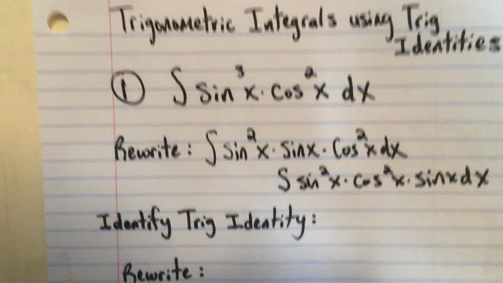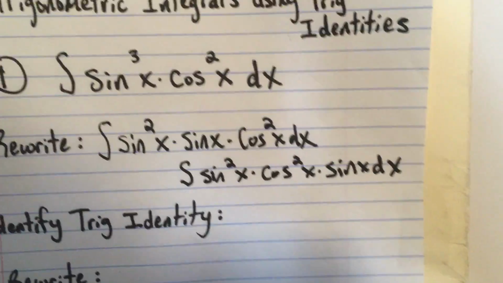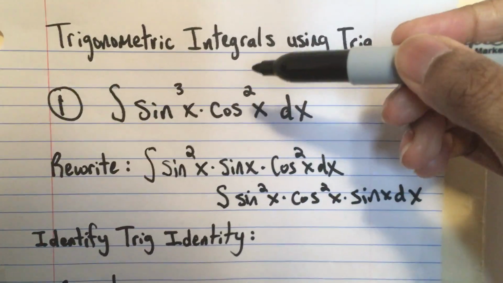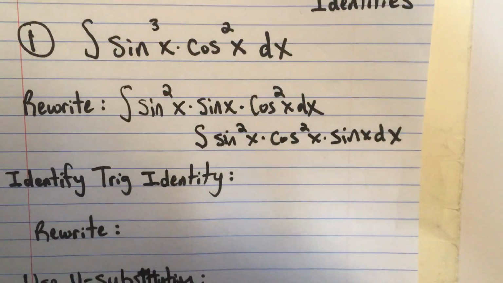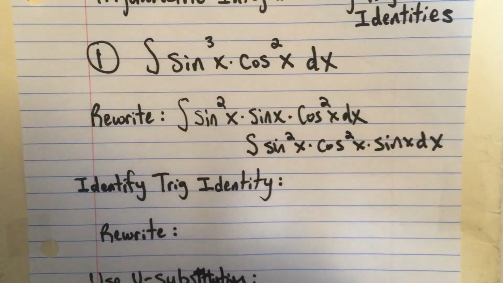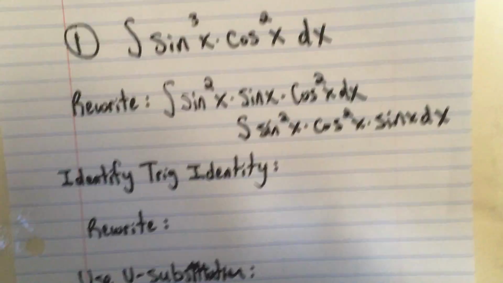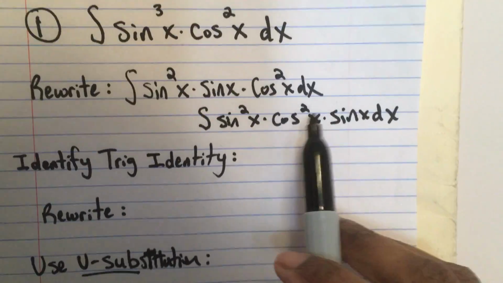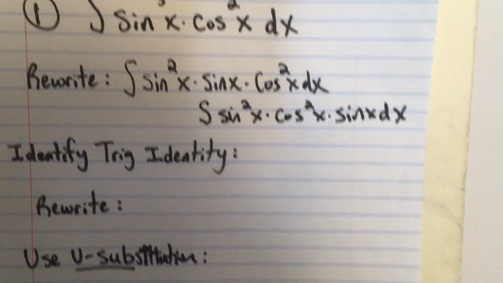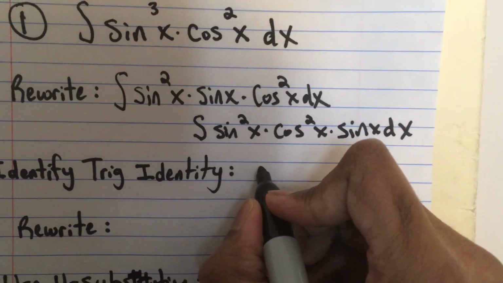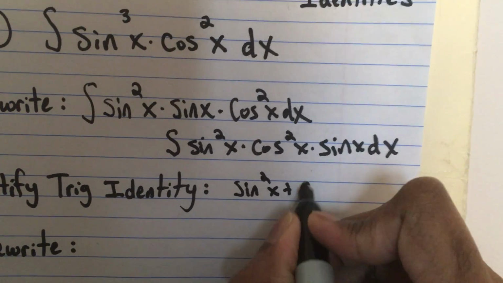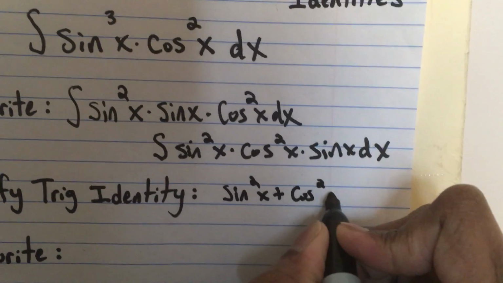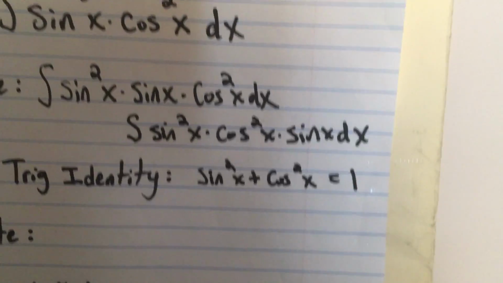All right, so that was the first thing I wanted to do, which is rewrite the original so it's in terms where now we can use a trig identity. So now we have to identify which one we need. Well, we have cosine and sine. I know that sine squared x plus cosine squared x equals 1.